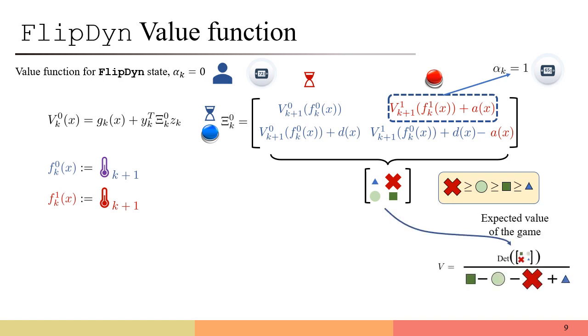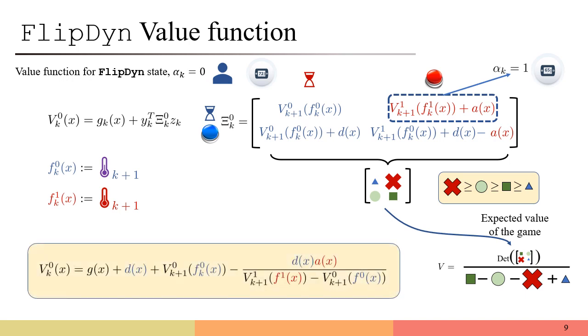Such a matrix structure provides us with the expected value of the game with det as the determinant. The expectation is over the probabilistic actions of both the players. We use such a form to derive the value function of the state given by this equation. Such a matrix structure also enables us to derive closed form expressions for the actions of both the players.